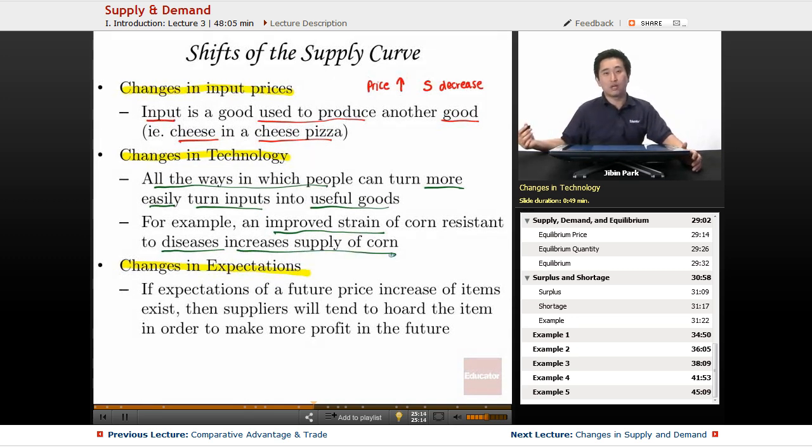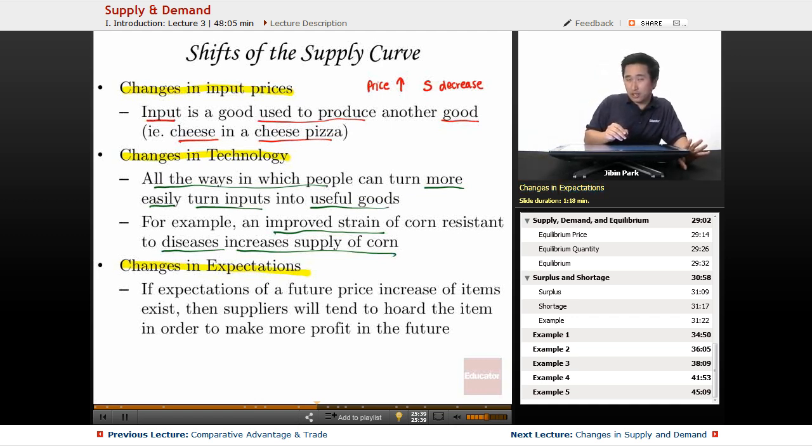So the supply of corn is going to increase. Now, if for some reason Japan in Nagasaki and Hiroshima immediately after World War II, well, their technological state was very diminished, so there could have been a decrease in supply as a result. But for the most part, changes in technology implies there's a positive change, and that's going to increase the supply of a particular item.